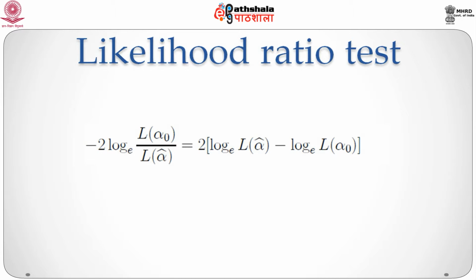So for the case where alpha is a scalar valued parameter, we know that this will follow a chi-square distribution under H naught with 1 degree of freedom, and hence can be used to test the hypothesis alpha equal to alpha naught.